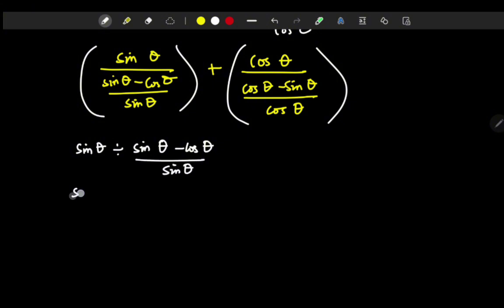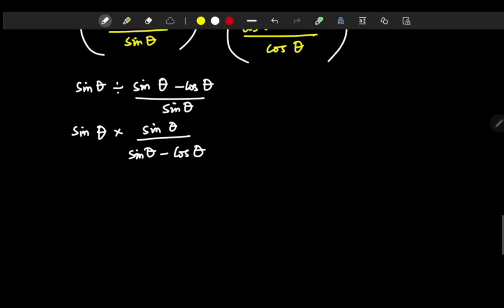So I can simplify this to be sine theta times sine theta over sine theta minus cos theta. When you change the division sign to multiplication, you write the reciprocal. So you end up having sine square theta over sine theta minus cos theta. Good.